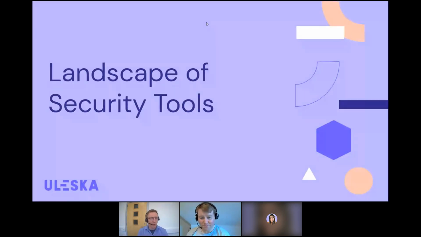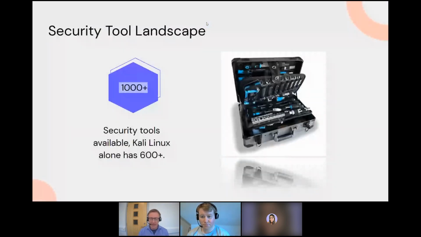So what we're going to do is start off with that technicality about the landscape of security tools, because one of the more frequent questions we get when companies are coming to us either with our product or with our consulting services to understand more about how they can get this automation ramped up and going in their organization is what tools are out there, what types of tools are there, what's our landscape. And the landscape in application security or general security is quite broad. So, something like Kali Linux, which a lot of people know from pen testing, is a common operating system that you would use if you're going to do a pen testing exercise.